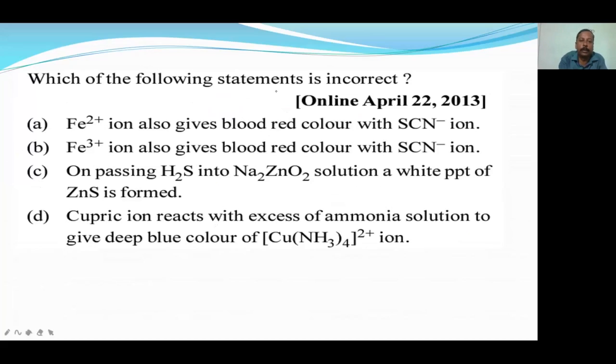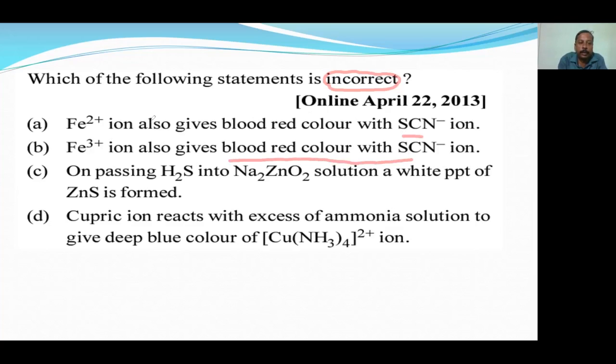Next, which of the following statements is incorrect? Again, what I told you, wherever the question says not correct, incorrect, or not true, you should underline those. It will reduce your negative marking. Now, Fe2+ ion also gives blood red color with SCN-. Second, Fe3+ gives blood red color, which we just studied.